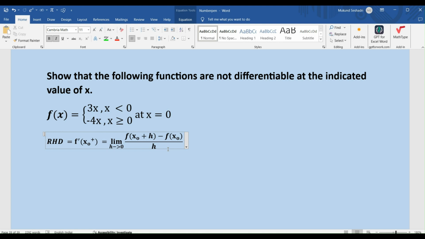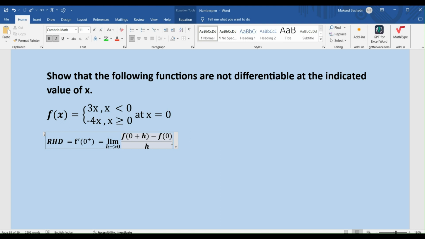So what is my x naught? My x naught is 0 in this case, right? Because I've been asked to examine the differentiability at the point 0, I can go ahead and substitute x naught equals 0, and there we have an expression on your screen which we will have to further expand, right?